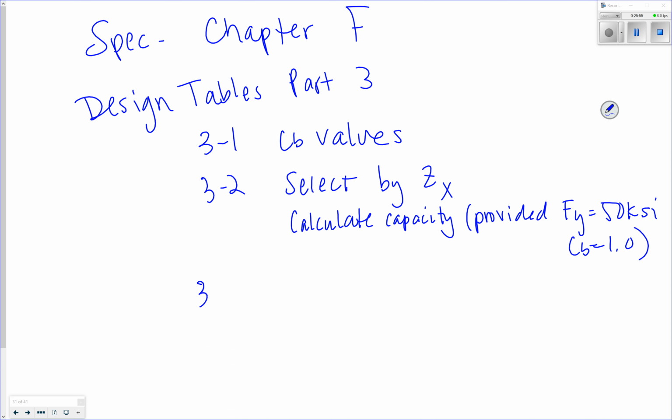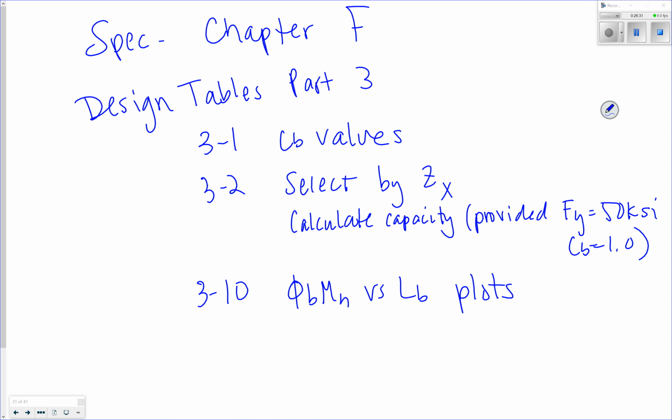And then the plots, 3-10, phi b Mn versus your unbraced length plots. If you know your unbraced length and you know your moment capacity, go find that. Go find the nearest solid line and call it a day, right?